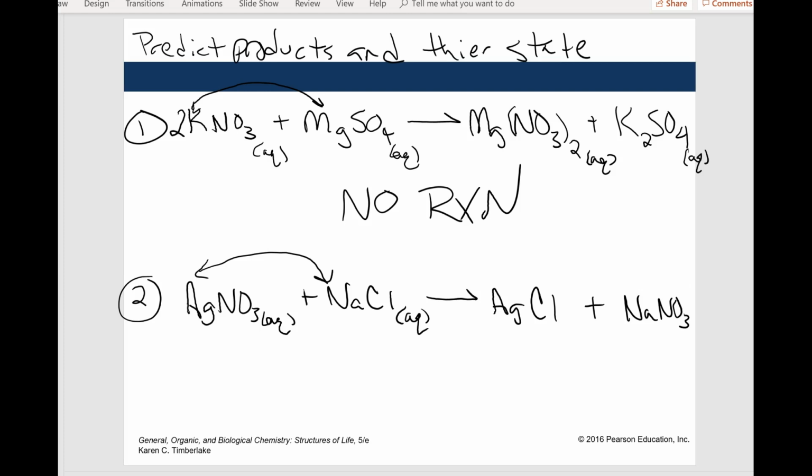So we check our balancing. 1, 1, 1, 1, 1, 1, 1, 1. Oh, hey, look. We're also already balanced. This reaction's awesome. So now we decide, okay, did we have a reaction? Are we going to form a solid precipitate or not? And to do that, we look at our solubility rules.